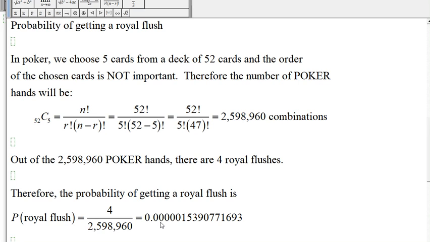And that's the reason why in a game of poker, the royal flush is the highest hand, because it has the lowest probability. So this is an application problem of using permutations and combinations.